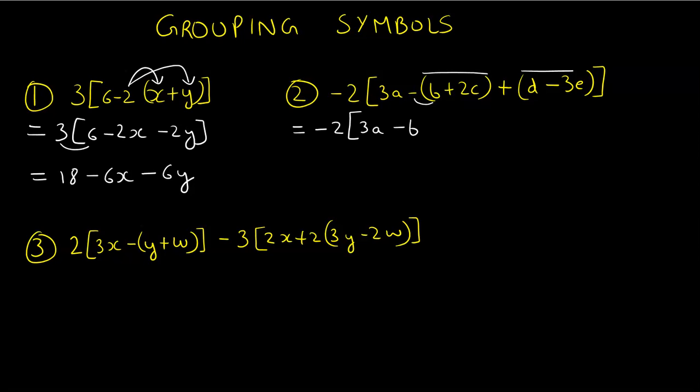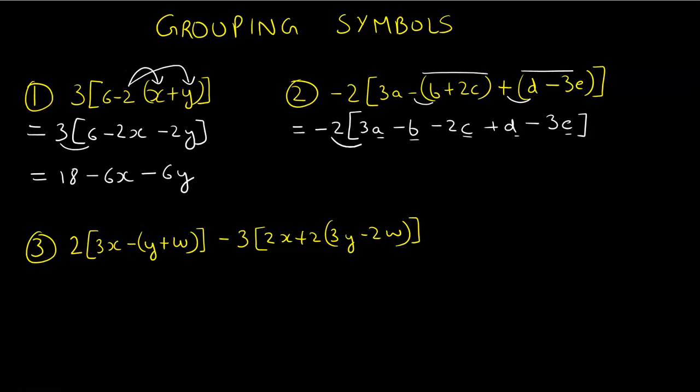Then negative times positive 2c, we get negative 2c. Then we have positive d, that is just d, and then we get negative 3e. And over here you can see these are all 5 different letters, so we cannot simplify it further.